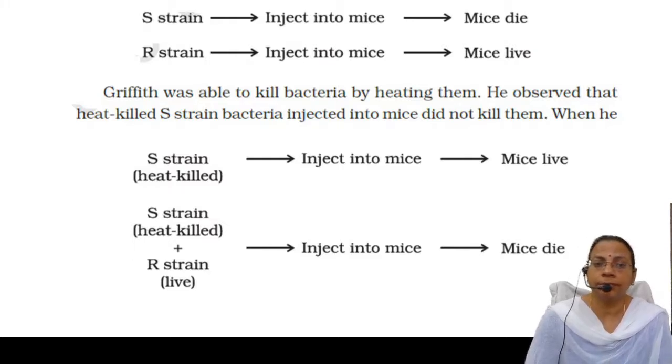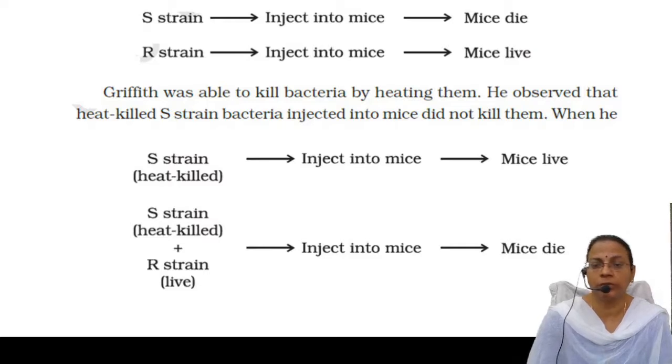In the second step, he heat killed the strains. He took the S strain bacteria and applied heat, and that strain he named the heat killed S strain. Then he injected it into the mouse and the mouse survived.